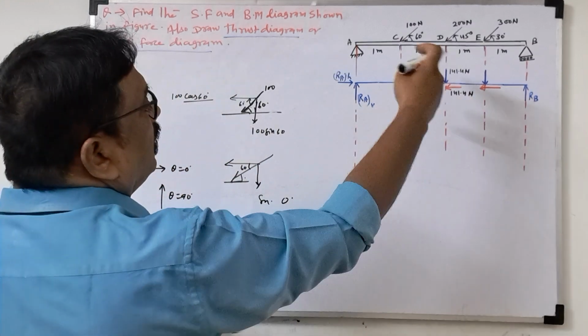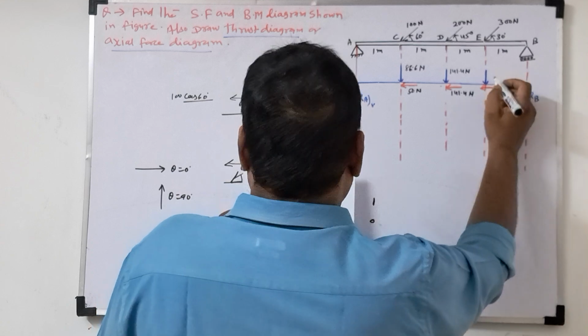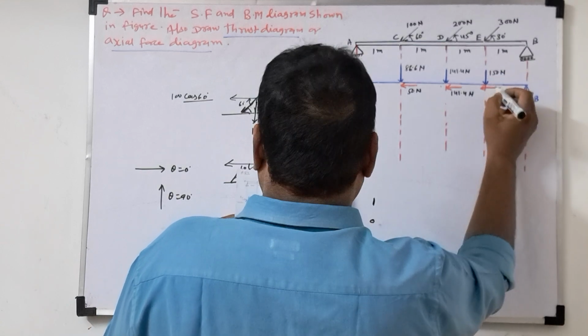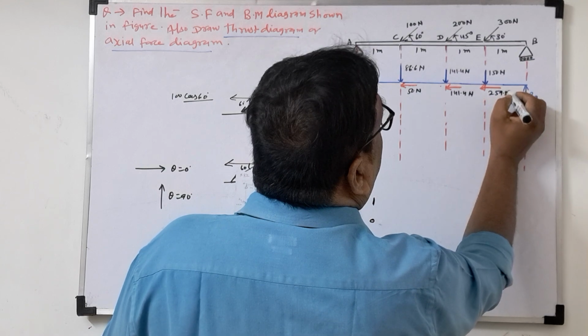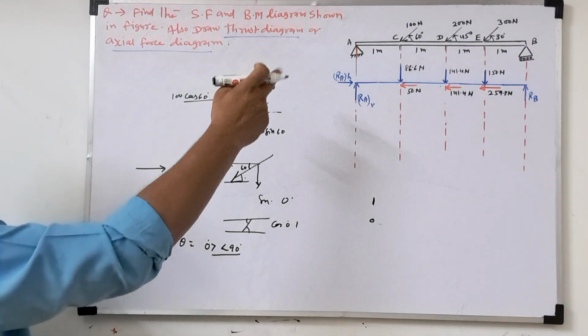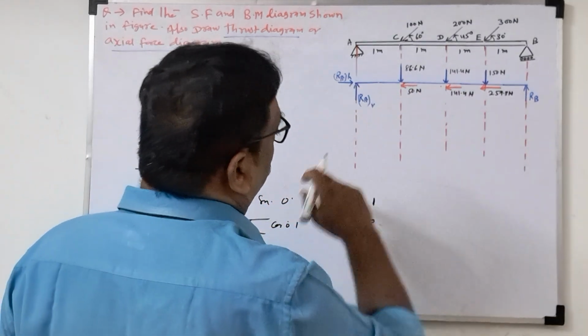Then 300 cos 30 is coming 150 Newton and 300 sin 30 is coming 259.8 Newton. So the first work we did: the inclined forces were given, we resolved them, and wrote the two components, horizontal and vertical.